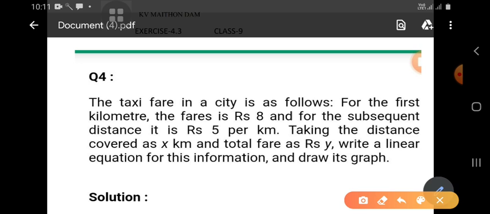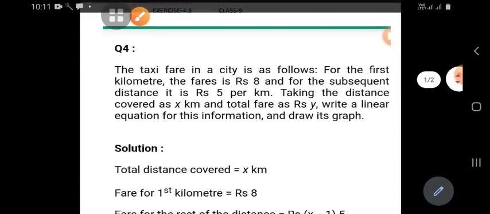But the condition of the taxi is that for the first kilometer he has to pay rupees 8, and for the subsequent distance, it means after 1 kilometer, the rate of the taxi is rupees 5 per kilometer. This is the main thing. If you understand these two lines, then you can solve it easily.